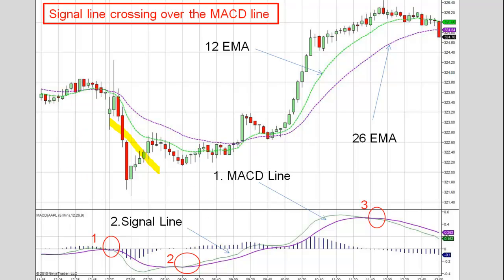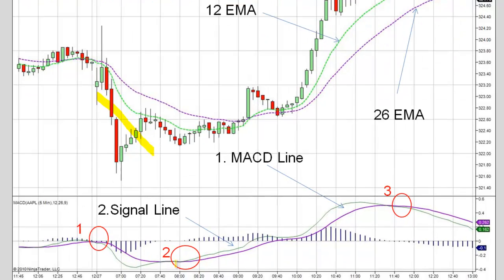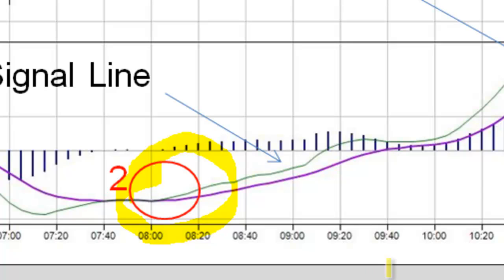Now let's take a look at the second crossing here, in the second circle right here, and we will find that here the signal line actually crosses over and starts to move above the MACD line. In this case, we see that momentum is shifting to the upside, and we would expect prices to do the same.